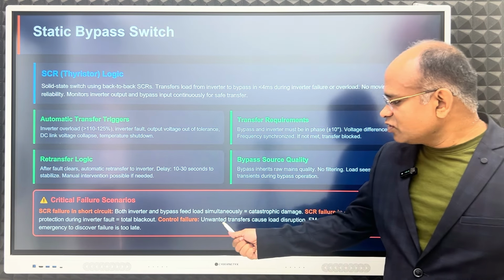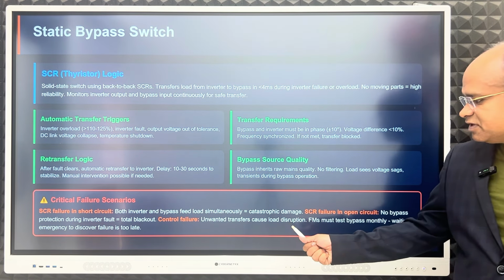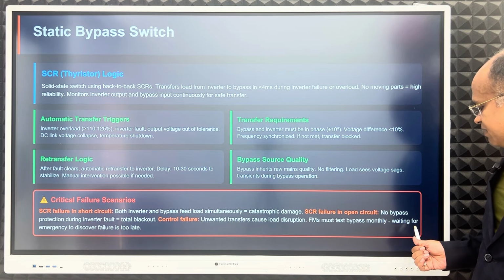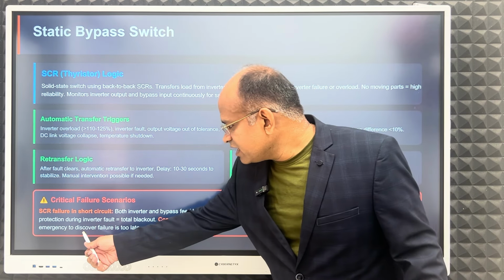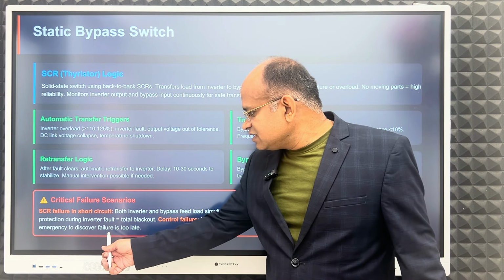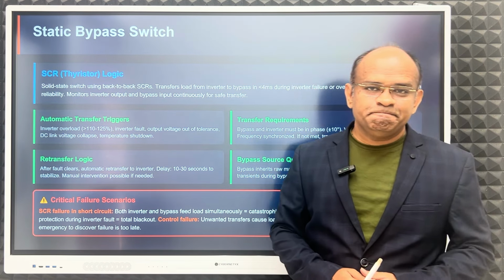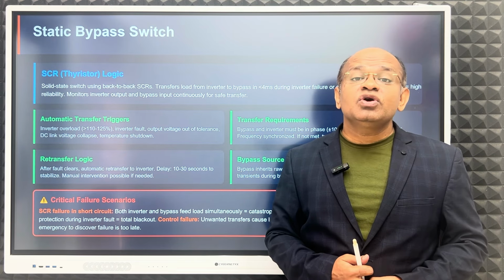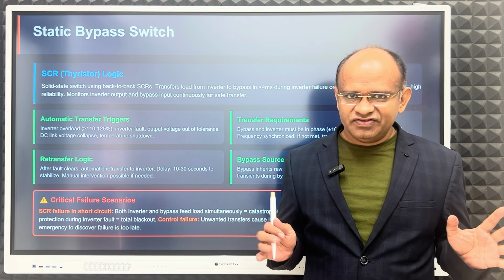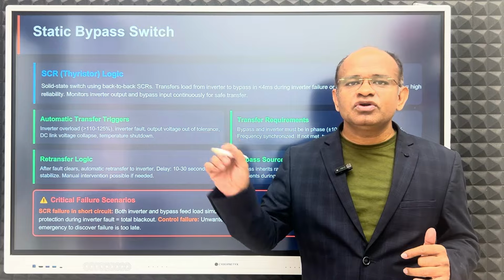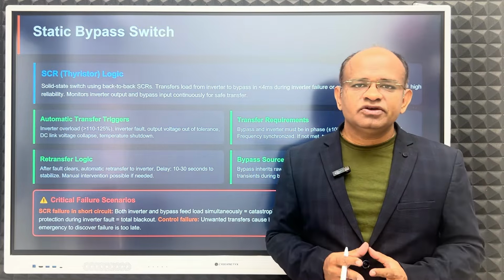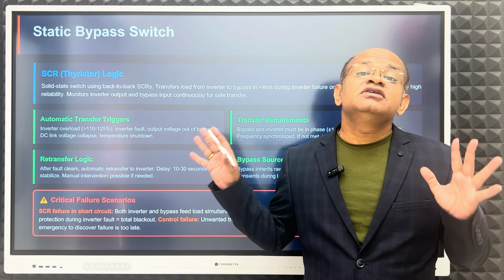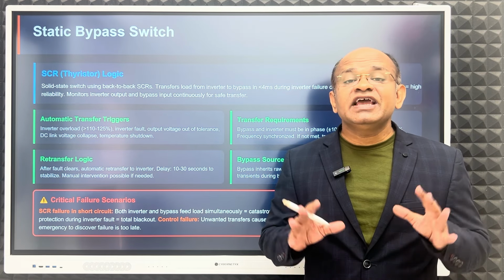Then control failure: unwanted transfers cause load disruption. FMs must test bypass monthly. Waiting for an emergency to discover a failure is too late. When you are doing online maintenance, look at the UPS vendor's maintenance schedule, and you should check that all the static switches are healthy.